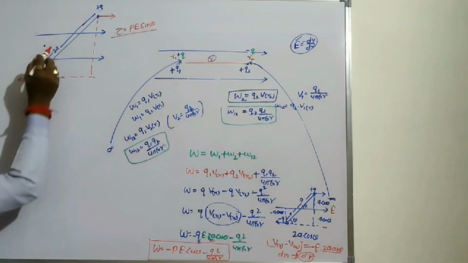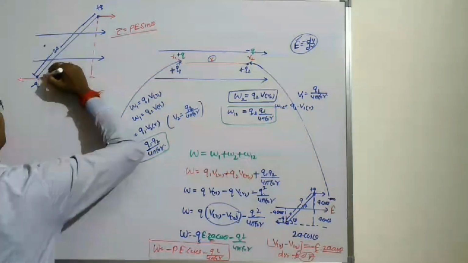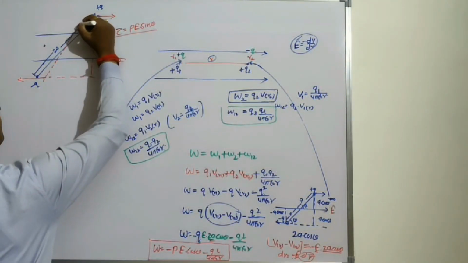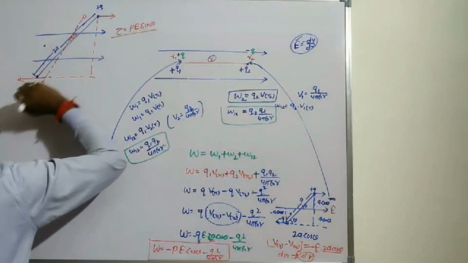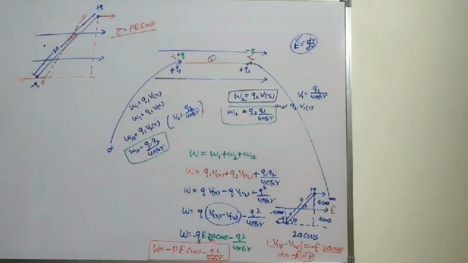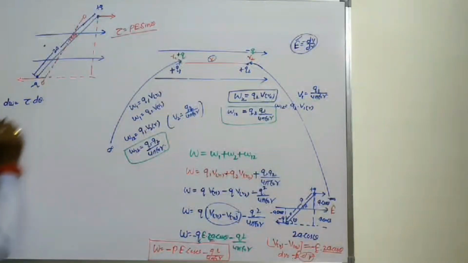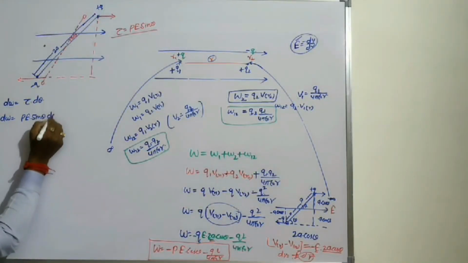In this case, suppose we rotate this dipole by a small, very minute angle d theta. To rotate this dipole, the work done is dW. Because it is rotational work, dW equals torque into d theta, and the torque is PE sin theta, so dW equals PE sin theta d theta.